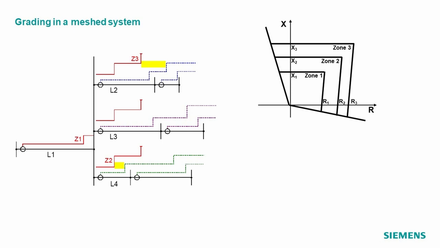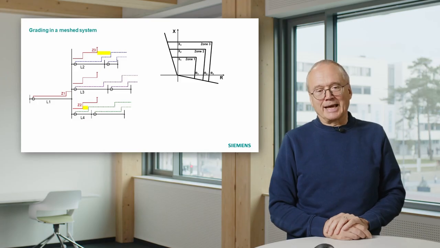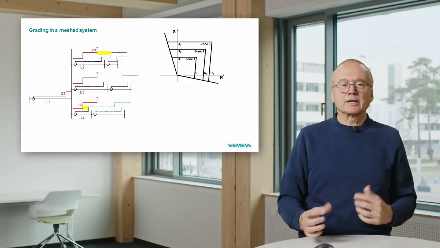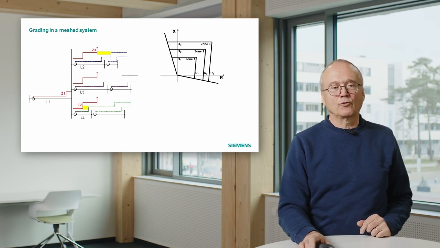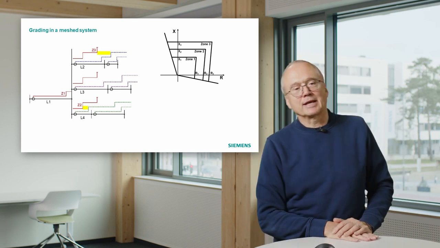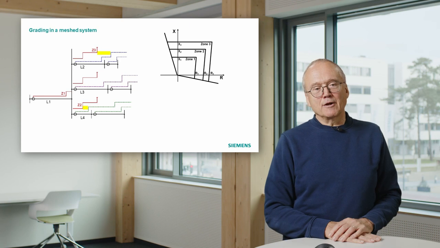You consider one line, that is this line L1, and here I indicate several next lines. That means all the lines going away from the next substations. They have different length, and the grading must take into account the length of the shortest following line, and that is in this case L4.